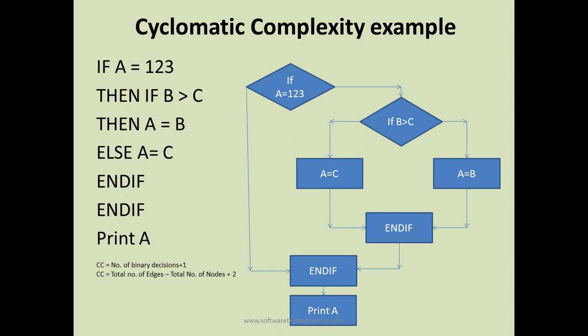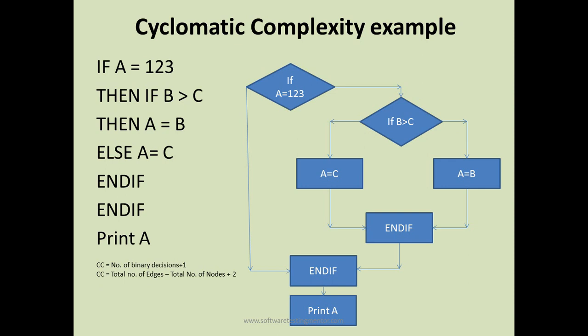In this code at the top, there are two if statements. The first, if A is equal to 1 to 3, then if B greater than C. These are the only two decision statements in this code. So with the first formula, number of binary decisions plus 1, the cyclomatic complexity comes to 2 plus 1, which is 3.